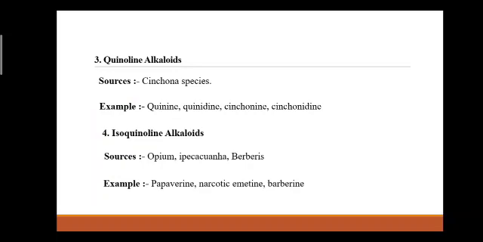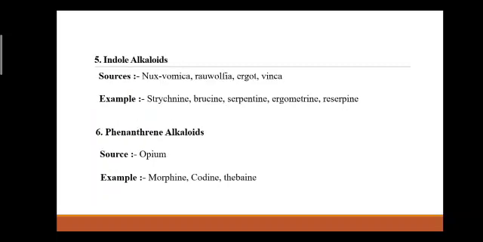Example: papaverine, narcotine, emetine, berberine. Fifth one, indole alkaloids. Sources: Nux vomica, Rauwolfia, Ergot, Vinca. Example: strychnine, brucine, serpentine, ergometrine and reserpine.